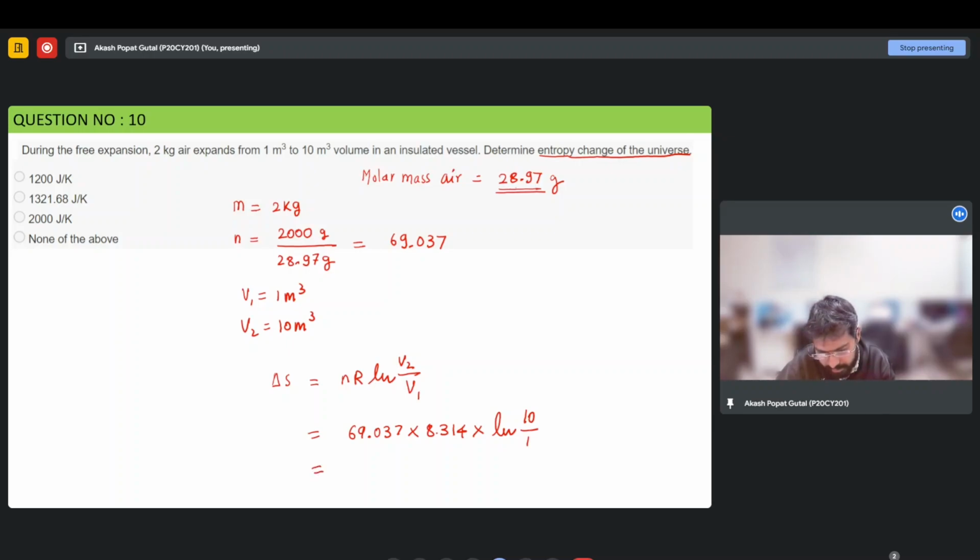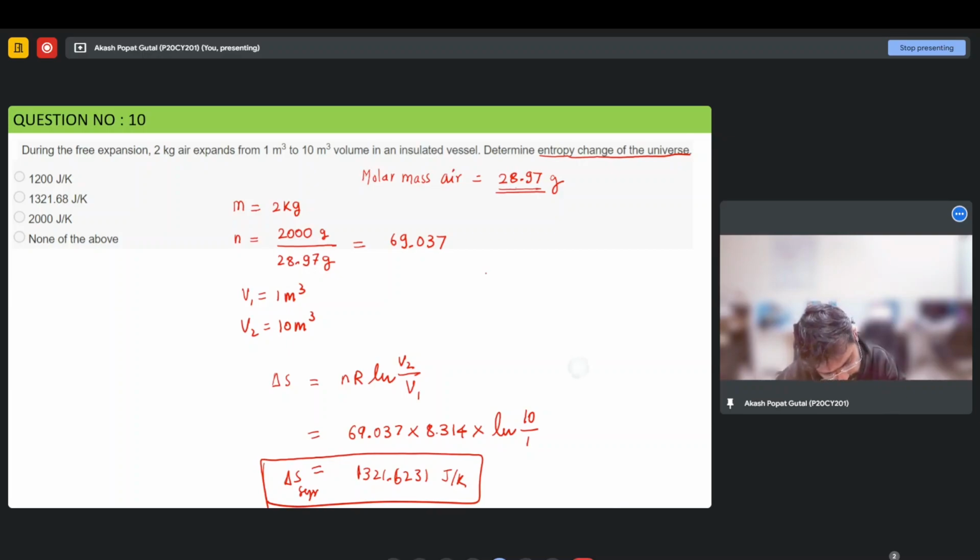Calculate it: 69.037 cross 8.314 cross ln 10 gives 1321.6231 joule per Kelvin. That's the delta S of the system.